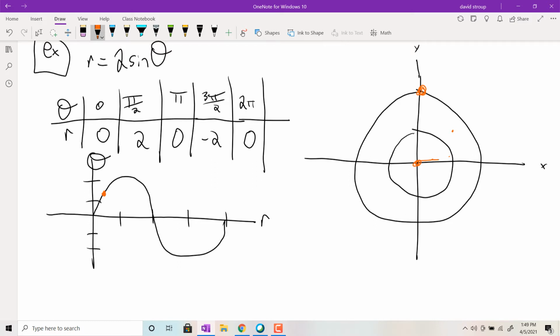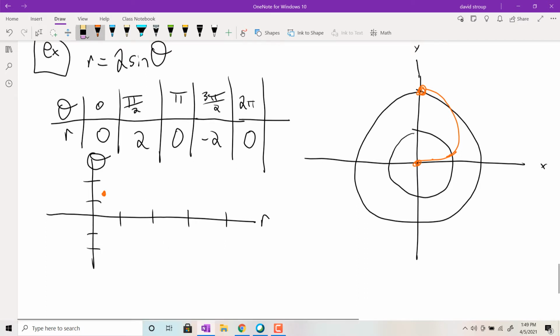Okay, so as it rotates, it's tracing out something that looks like this. Going from 0 to pi, and then it'll start going in the reverse direction. All your values will go negative. So as you go from pi/2 back to pi, it'll go down back to 0.